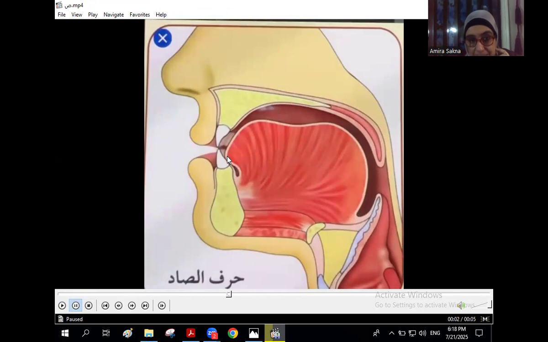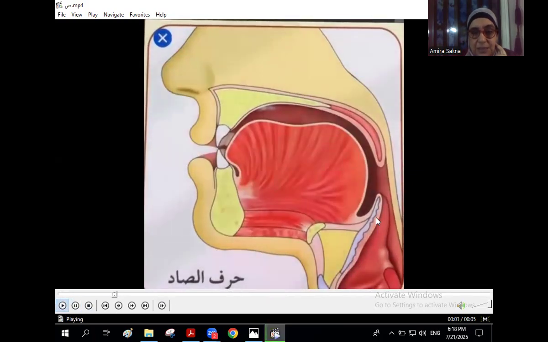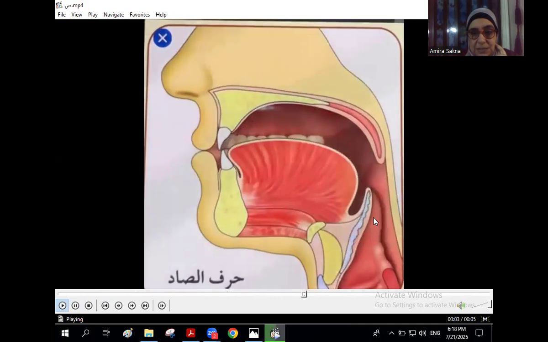End of the tip with the bottom of the lower central incisor. This is from where we pronounce the sad, the sin, and the zai. Okay? But sad is also heavy: back of the tongue and the epiglottis. I will repeat. Notice the epiglottis. You see the narrowness which happens in the throat.